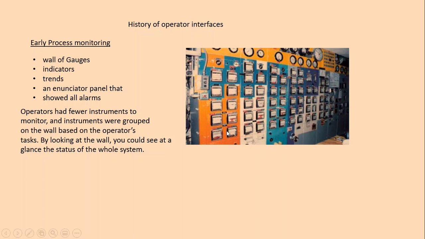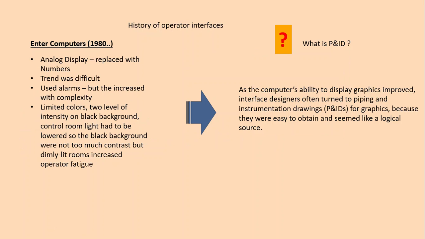But once the computer entered the market, we saw improvement in the management of the operator station, where analog display was replaced by numerical display. Then in the computer, trending was difficult, but somehow managed by programming. Alarms were used, but the number of alarms increased as the system or the plant logic became more complex.